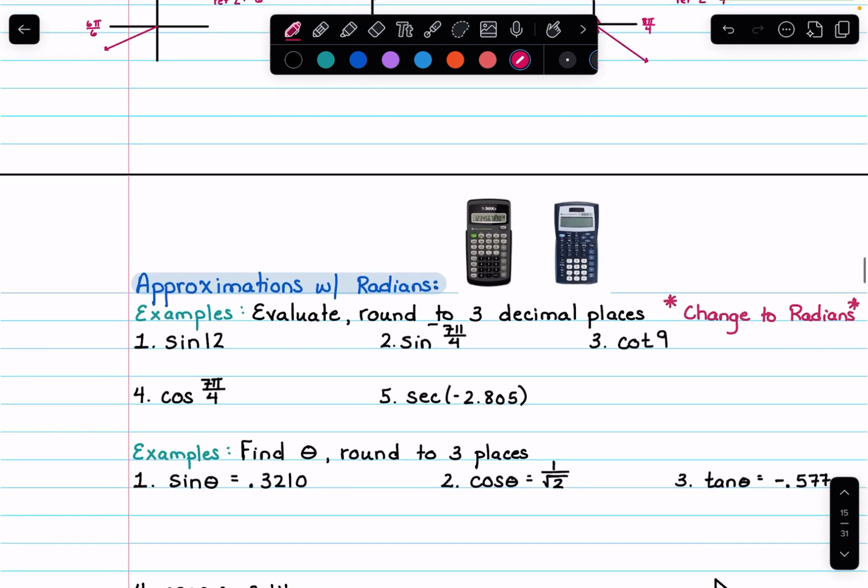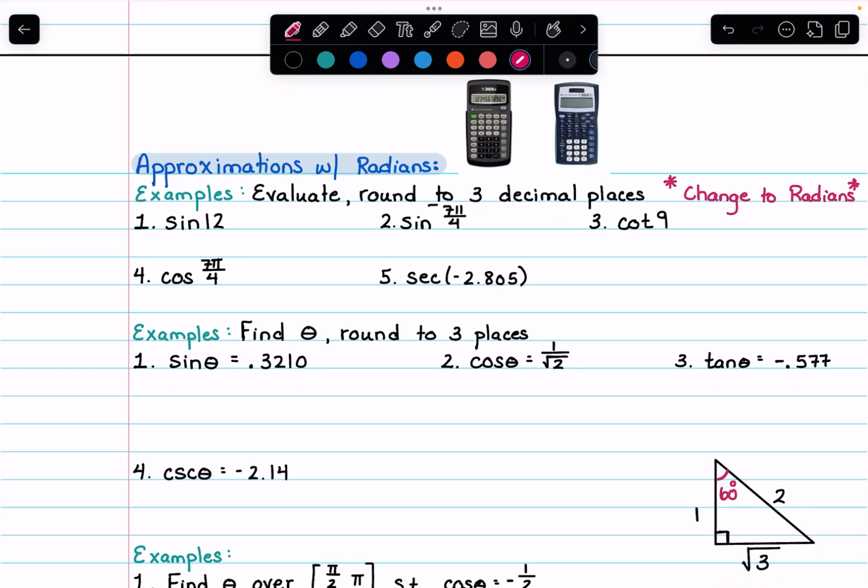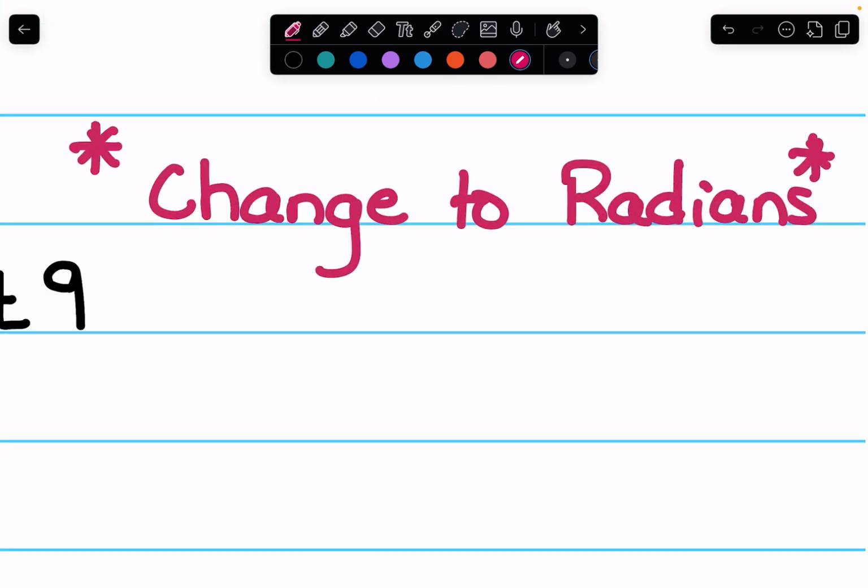Okay. Now we're going to talk a little bit about using our calculator. So we've kind of done the same thing with radians and degrees. With degrees, we didn't use our calculator, and we drew the angle, we found our reference angle, worried about our sine, and we've done that with radians. Also with degrees, we had to do some calculator work, right? So here's what we're going to do here, but we're going to change our calculator to radian mode.